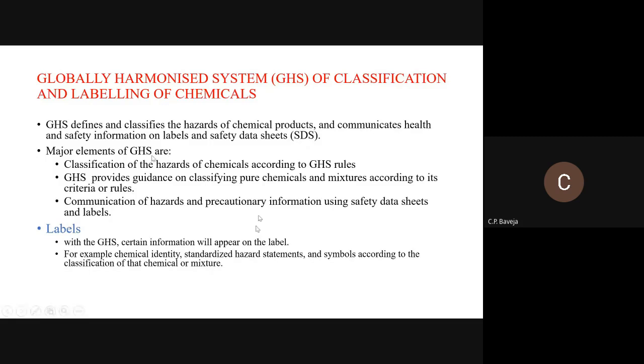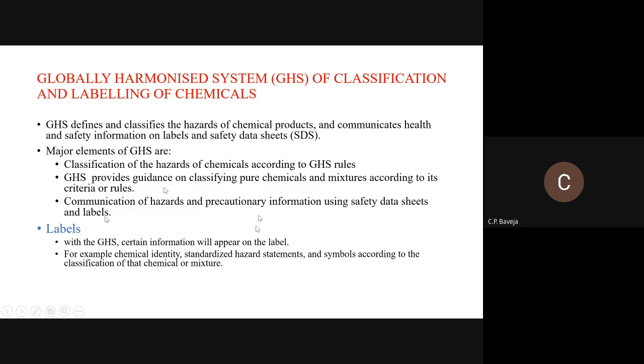The major elements of GHS are classification of hazards of chemicals according to GHS rules, guidance on classifying pure chemicals and mixtures according to its criteria, and communication of hazards and precautionary information using safety data sheets and labels.